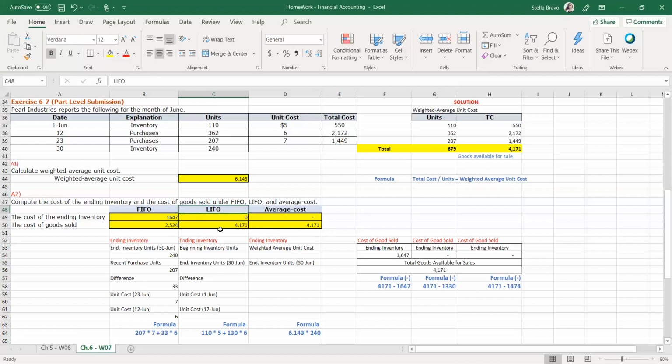Calculating the ending inventory of our LIFO account is a little bit different because for LIFO, we're going to need the beginning inventory units. The beginning inventory units in this case is 110. We also need the ending inventory units, and we already know it's 240. We need to calculate the difference between these two.